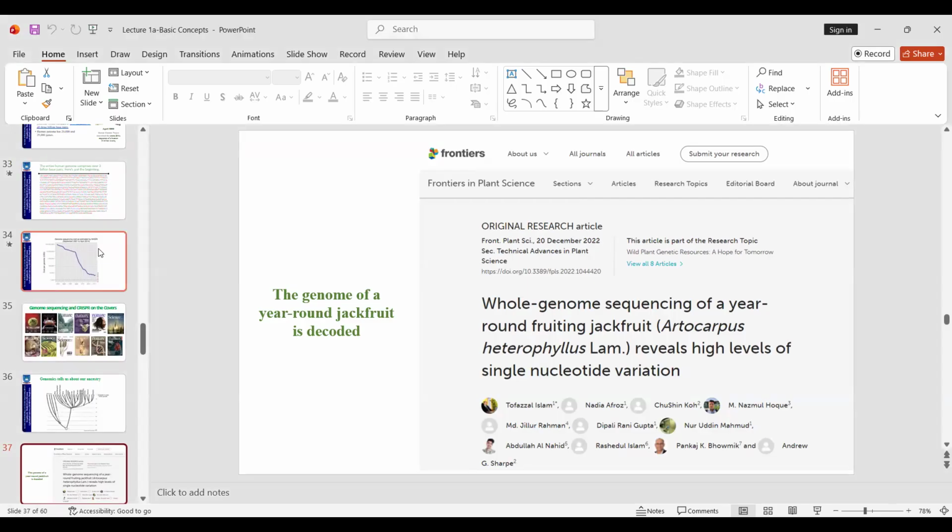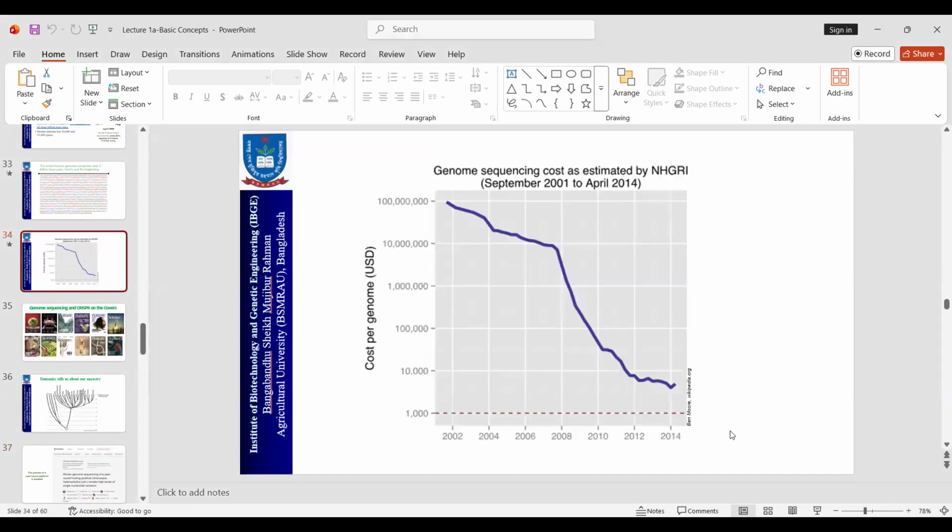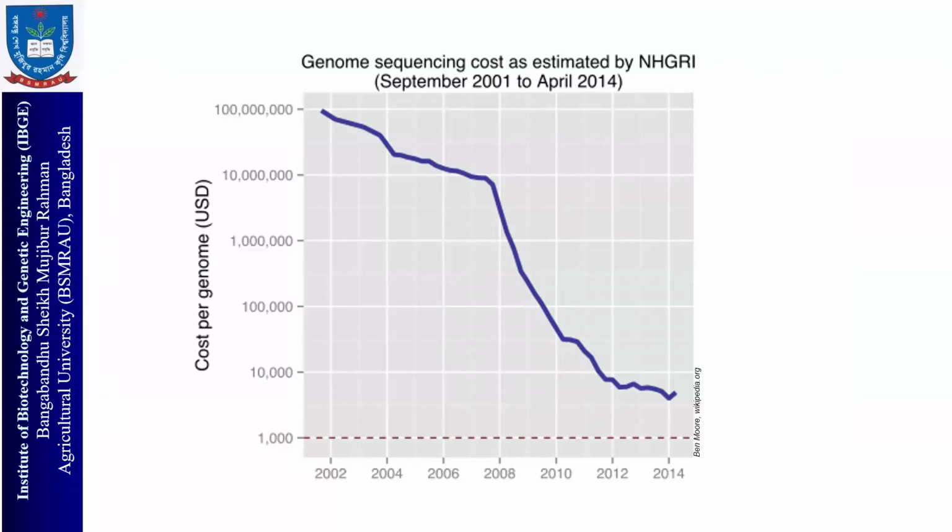That is genome sequencing. Genome sequencing cost has dramatically decreased. Now, you can even sequence your DNA by paying a little more than $1,000. In my laboratory, we have three sequencers: Oxford Nanopore, a very small one, and two Illumina sequencers.